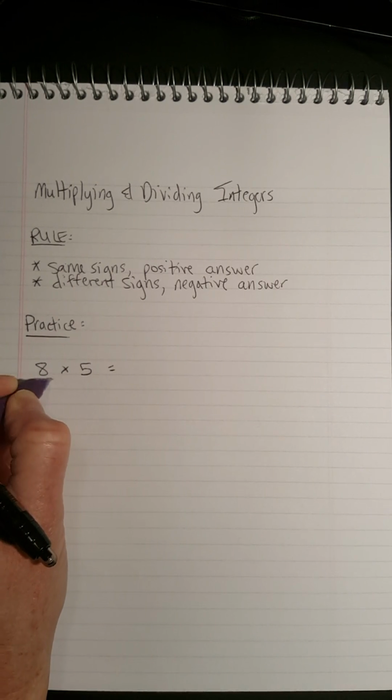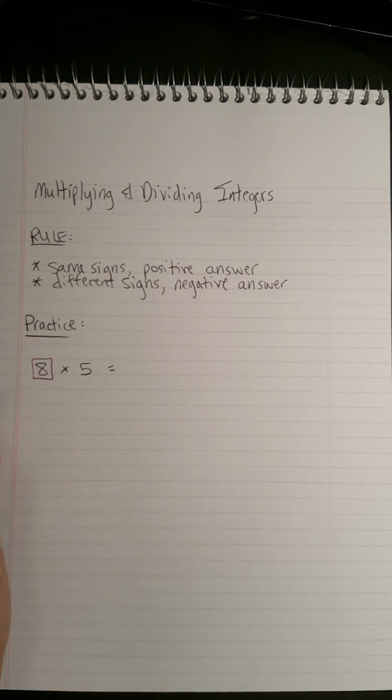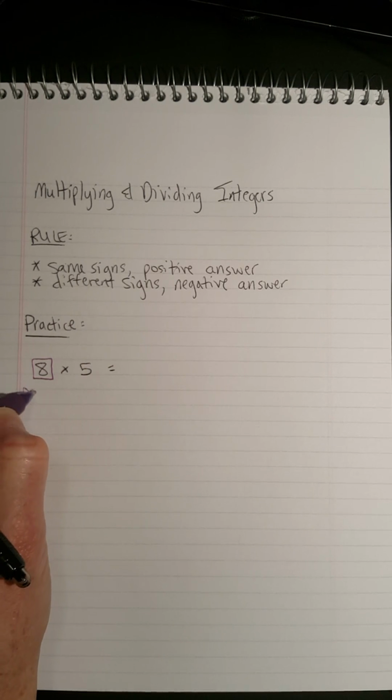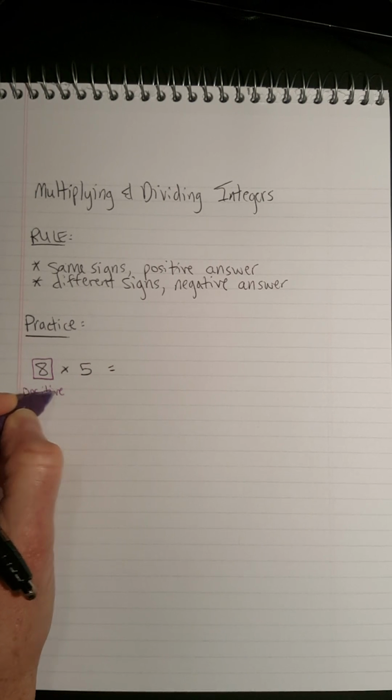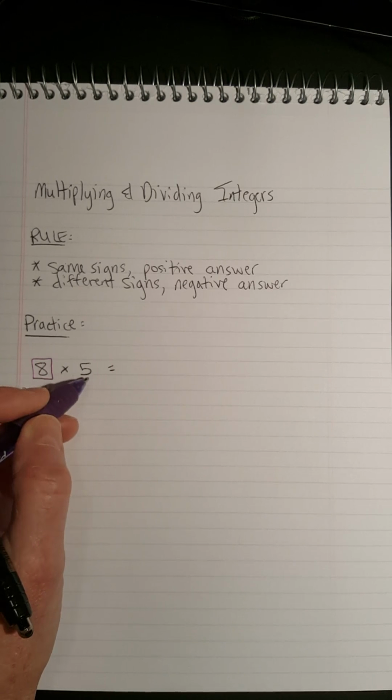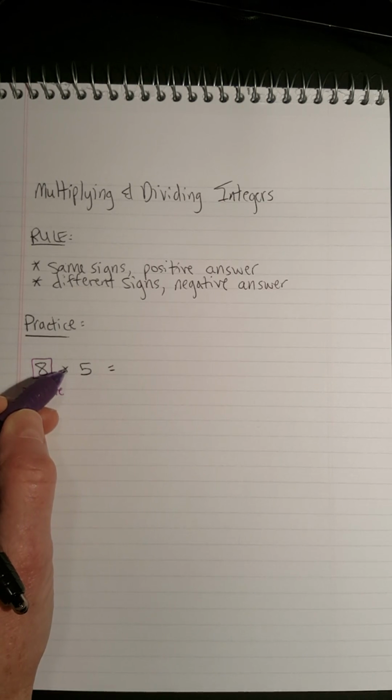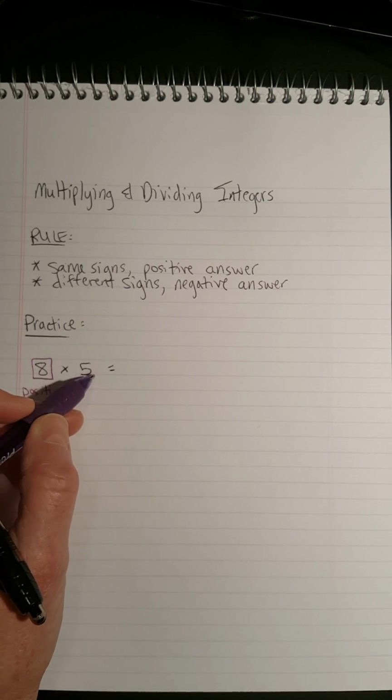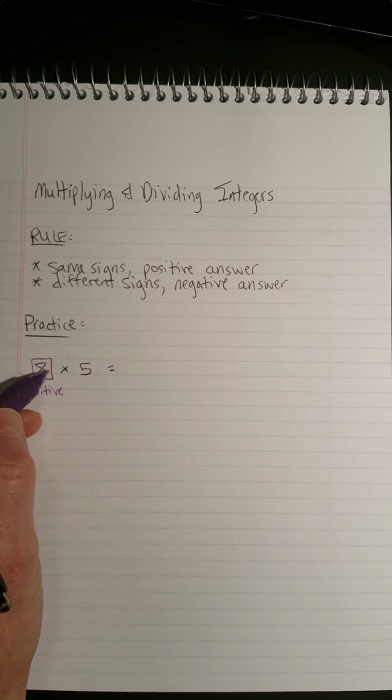We're going to look at each of these numbers independently. This number 8 does not have a symbol in front of it, which means it's positive. If it was negative, it would have a negative sign. We always read math left to right, so this multiplication sign actually applies to the number that's behind it. It doesn't affect the number here.